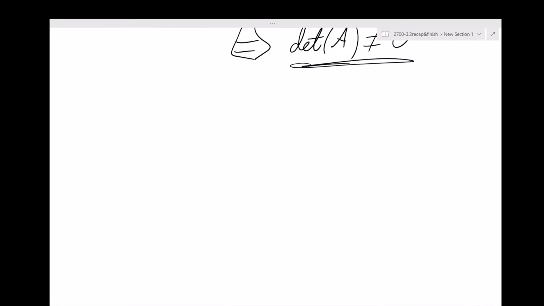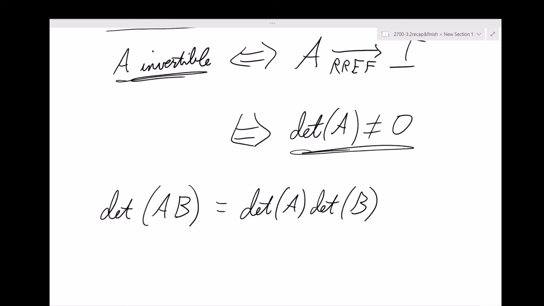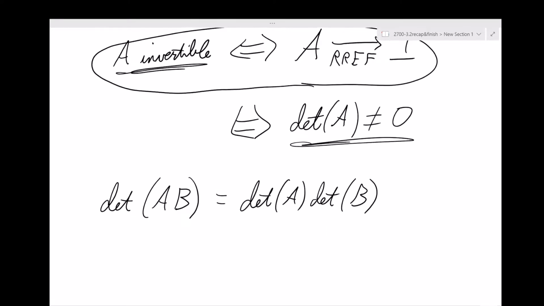Another handy fact that I wanted to point out was that determinant actually splits over multiplication of matrices. This is also very handy. You can get this fact from the same idea. Think in terms of row reductions.